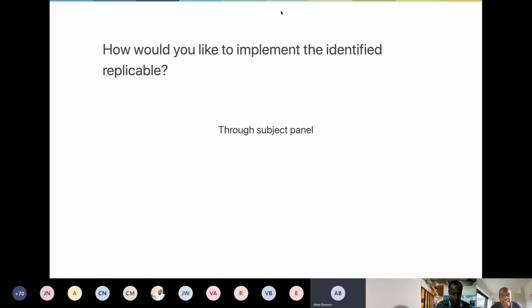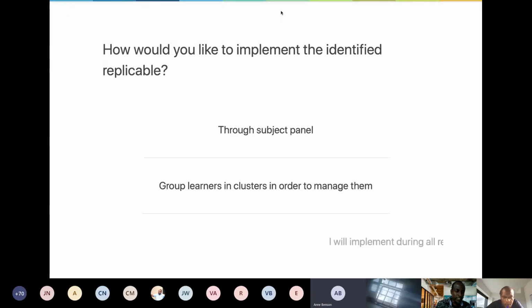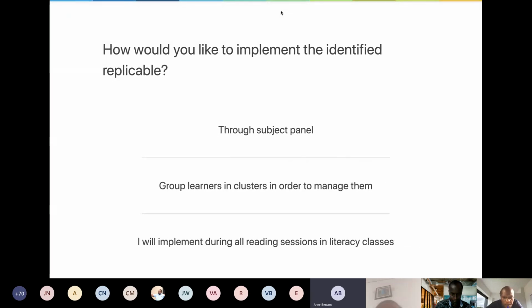Through a subject panel, you have not told us how you will do it. Give us something concrete. How would you like to implement? Okay, I can see it's getting better. So I can see one here, subject panel.